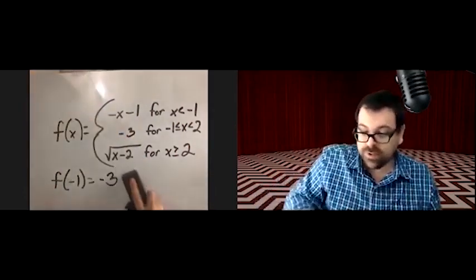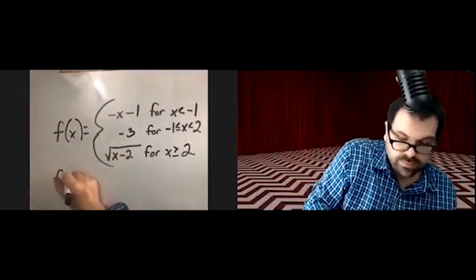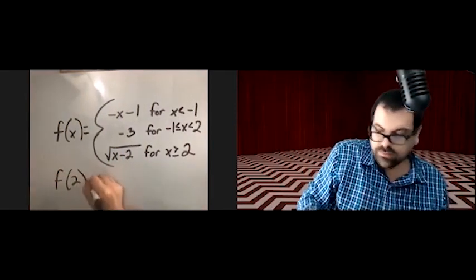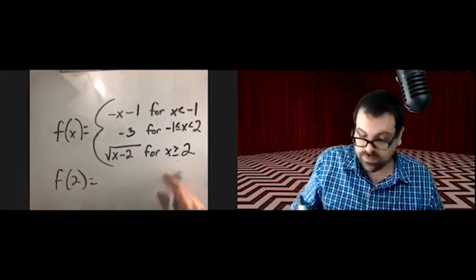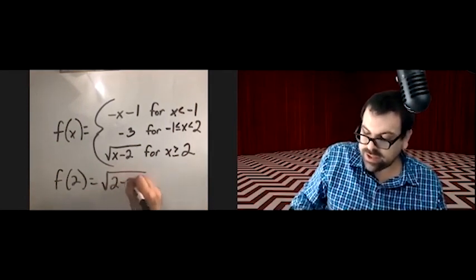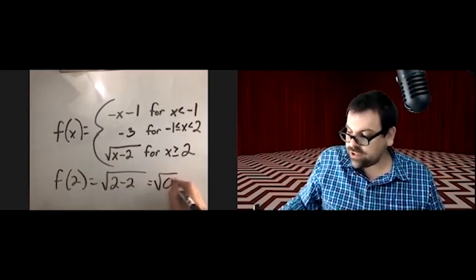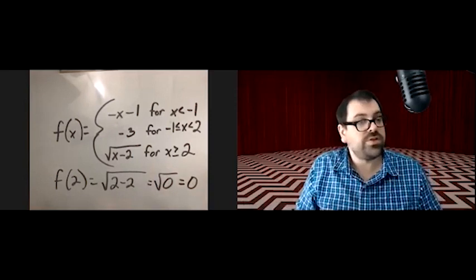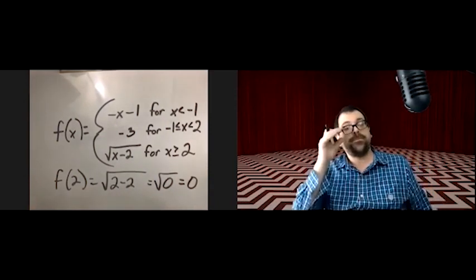Next up, let's look at f of 2. 2 is greater than or equal to 2. So I'm plugging in 2 minus 2 under the radical, which is the square root of 0, which is 0. So f of 2 is 0.